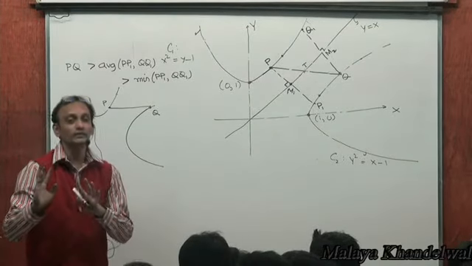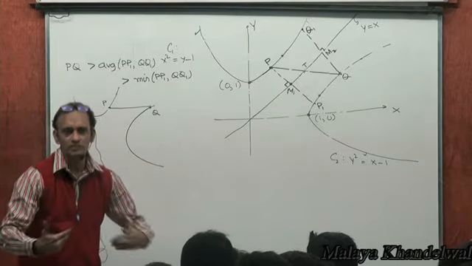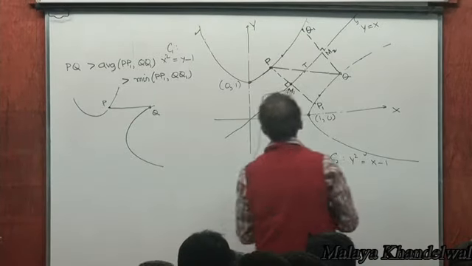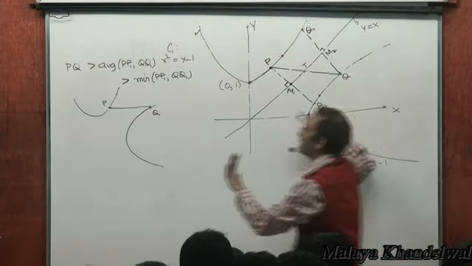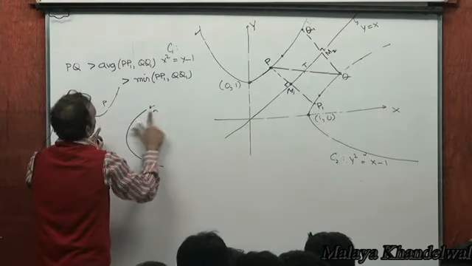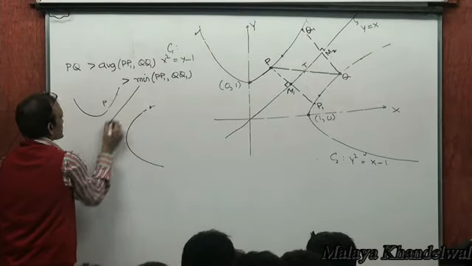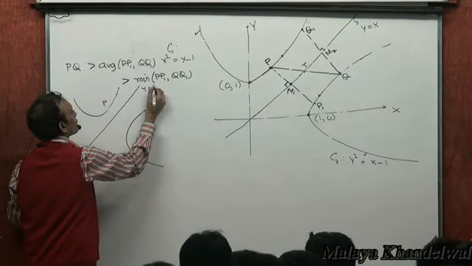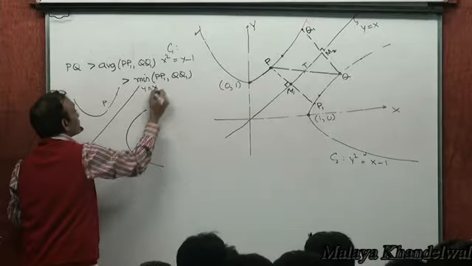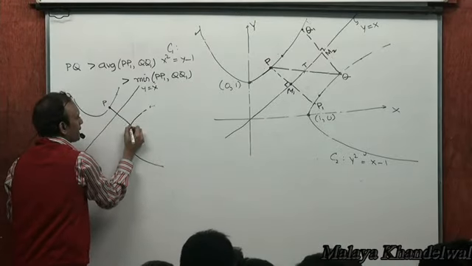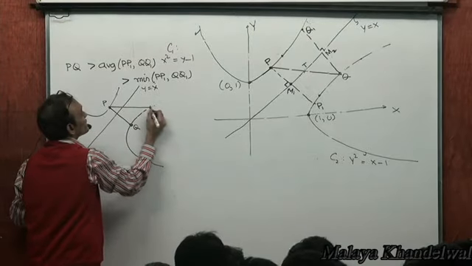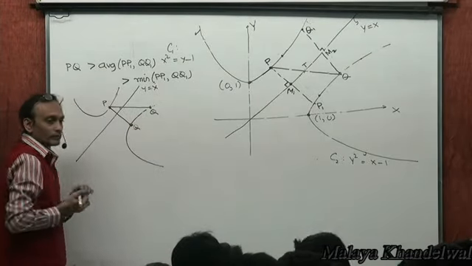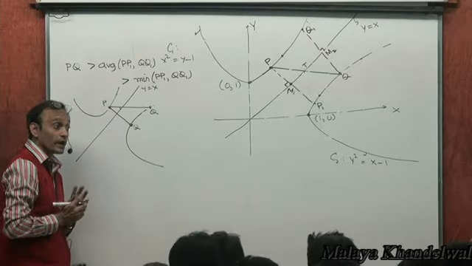Now, one thing that becomes pretty evident from this: there are two kinds of PQs that I can get. This is the line y equal to x, right? There is a PQ that could be perpendicular to the line y equal to x, and there could be a PQ which is inclined to the line y equal to x, right?